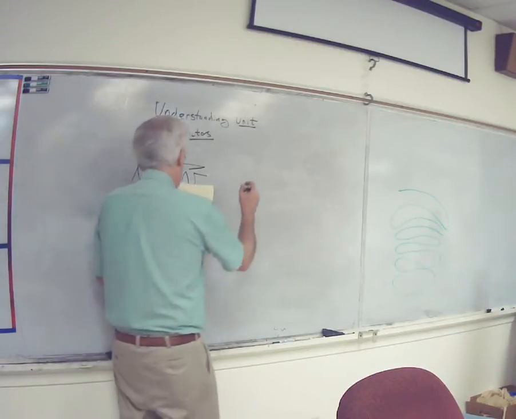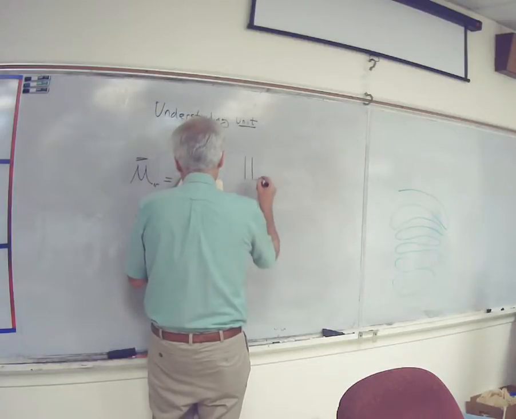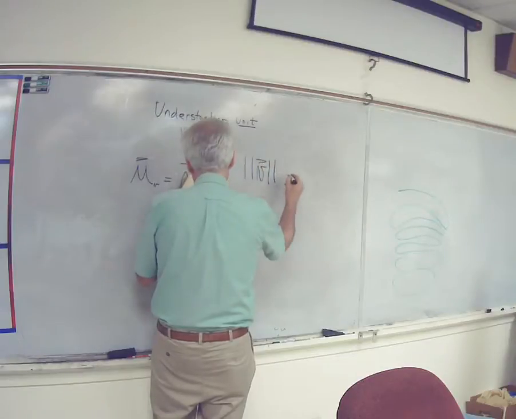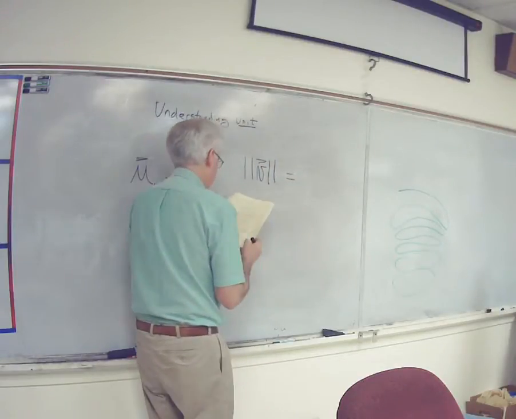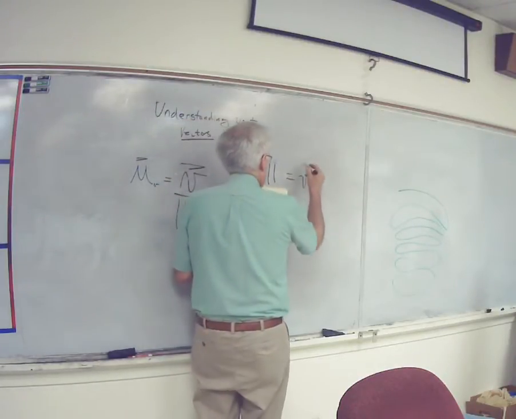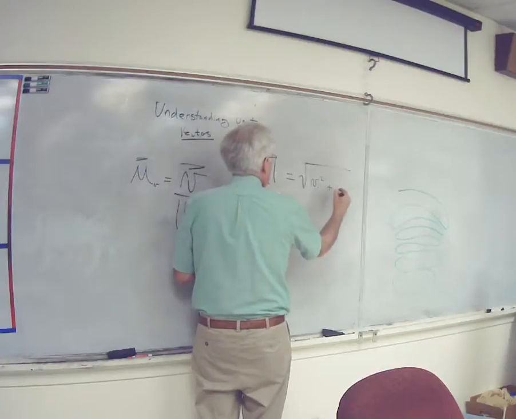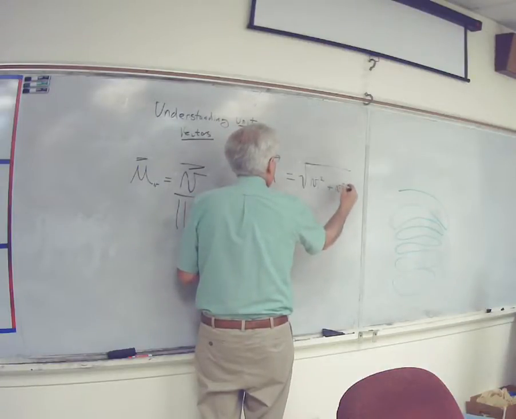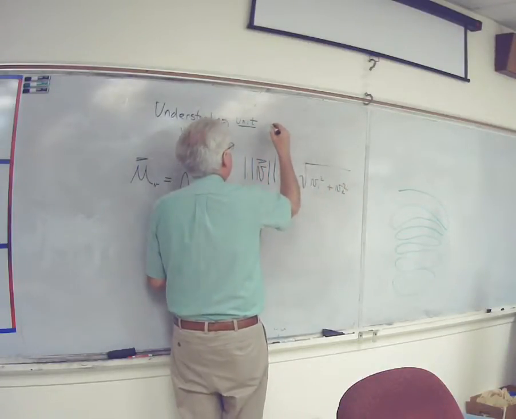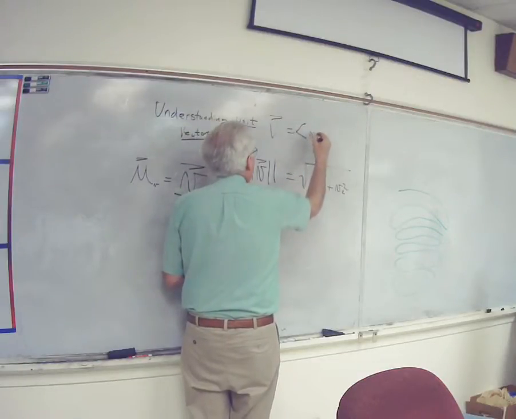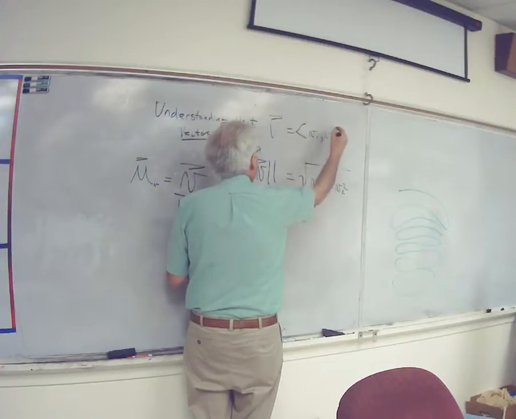And so the easiest way to find the magnitude of a vector is to do what? The square root of v1 squared plus v2 squared. Okay, and so the vector v is the vector with some number v1, some number v2.